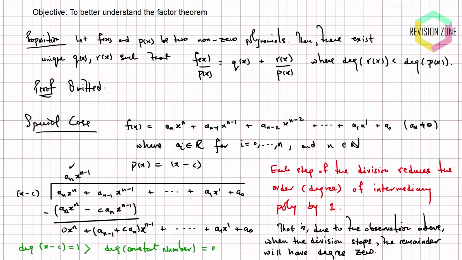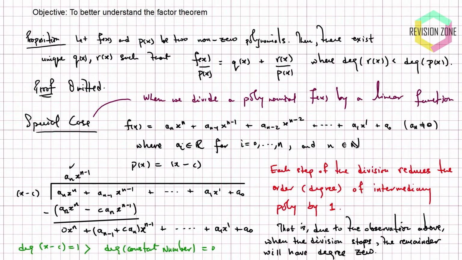In fact, I'll write it here. The special case tells us that when we divide a polynomial f of x by a linear function, say x minus c, the remainder is a constant.